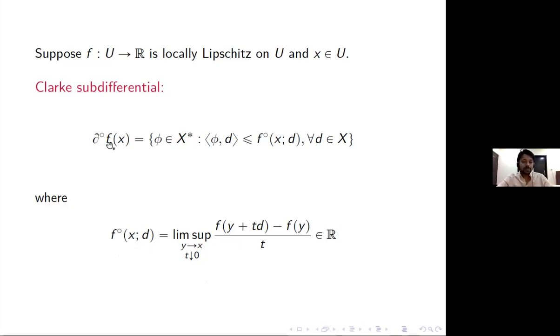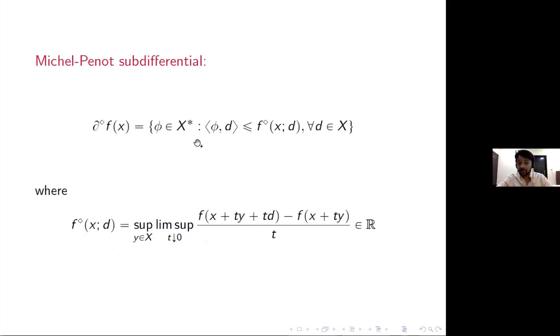Now, similar to the Clarke subdifferential, there is the Michel-Penot subdifferential. The definition is similar to the Clarke subdifferential. Here, instead of the Clarke directional derivative, we have a Michel-Penot directional derivative, which is given by this quantity. And again, here we take the lim sup over t positive, t tending to 0, and then the supremum over y. And the fact that f is locally Lipschitz implies that this quantity exists for all d in the reals.